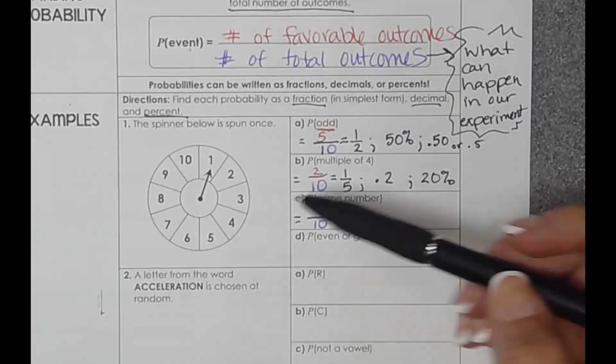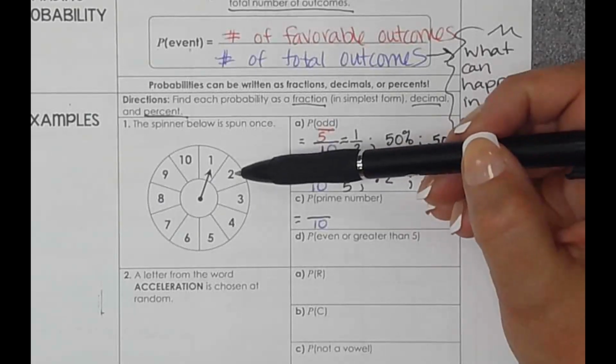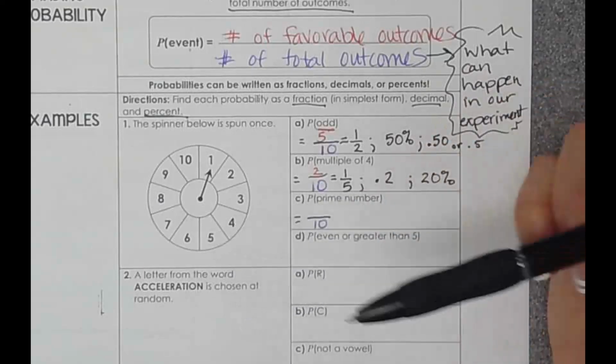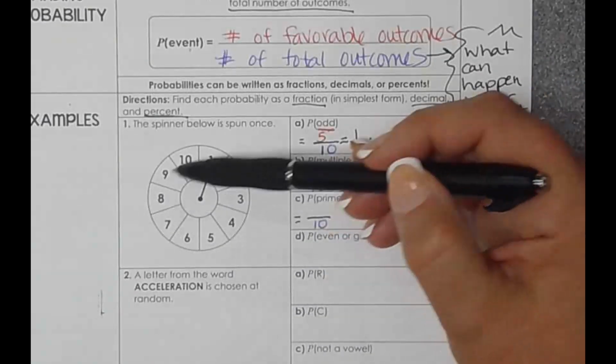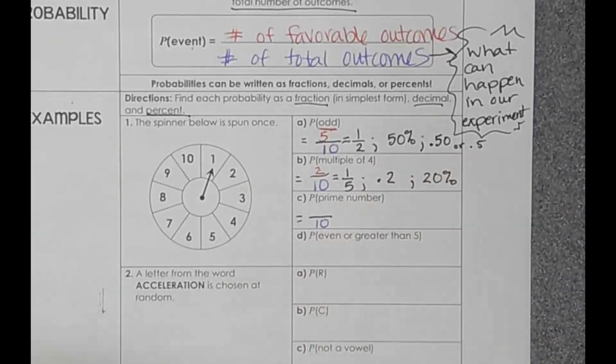So, for a prime number, okay, 2, 3, 5, and 7, because all these other ones have other factors. So we have 4 total that are prime.